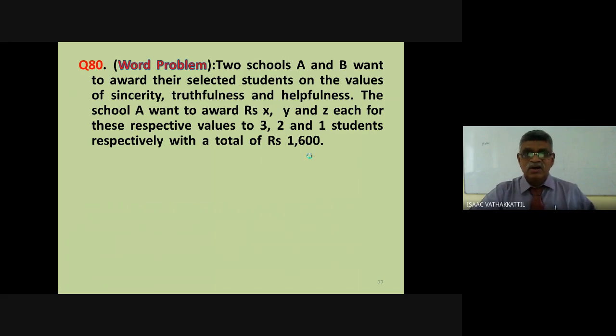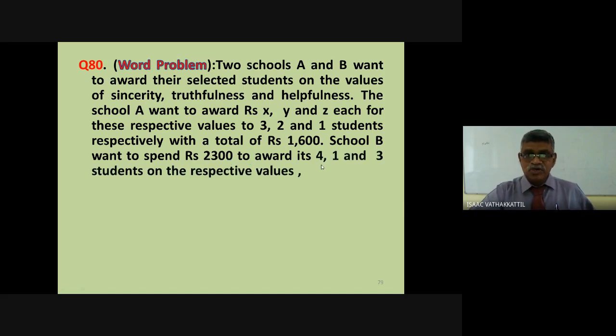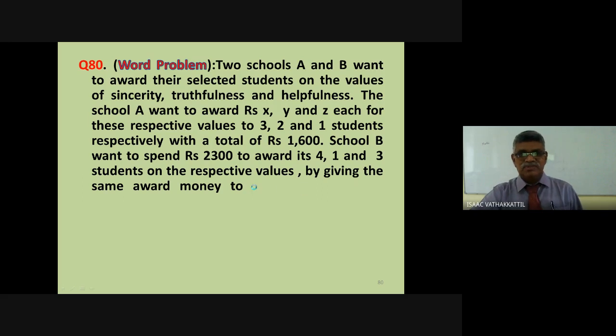Whereas school B wants to spend rupees 2300 for 4 students for sincerity, X each, 1 student for truthfulness, Y each, and 3 students for helpfulness, rupees Z each.